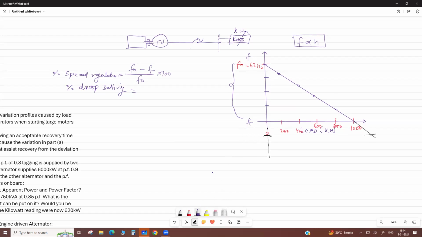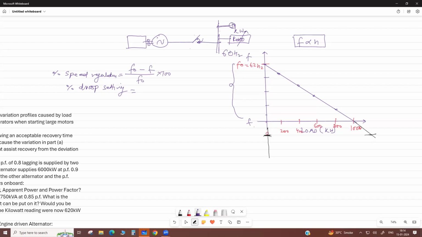Sometimes this question is asked: why is the no load frequency set higher than the bus bar rated frequency? Suppose some machines are already connected to this bus bar, and the bus bar frequency is 60 hertz.